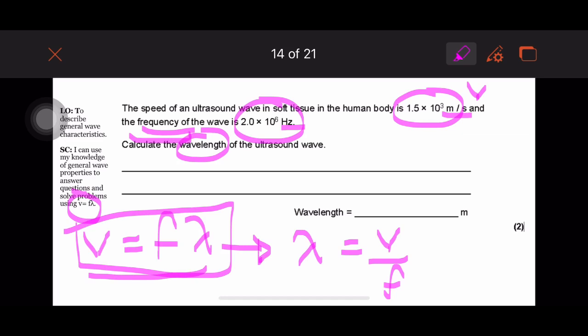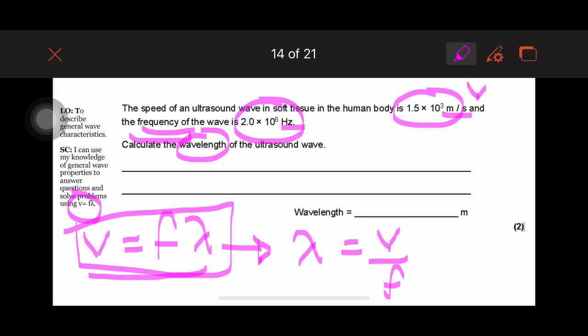Okay, correct. So in this case, v is 1.5 × 10^3. That's 1,500 if it's 1.5 times 10^3, divided by the frequency, which is 2.0 × 10^6. So that is equal to 0.00075.